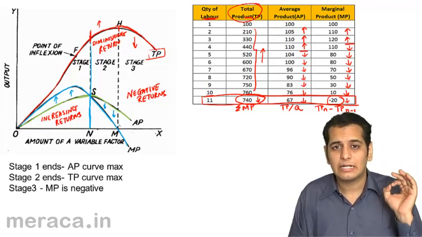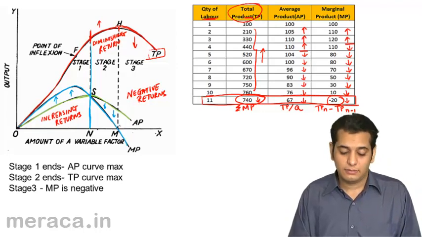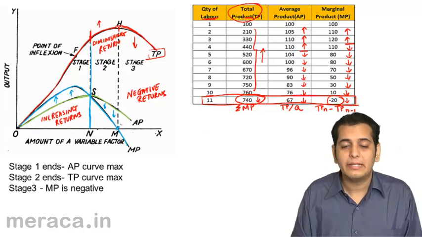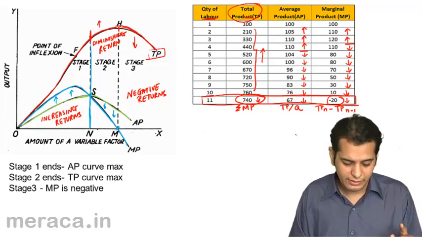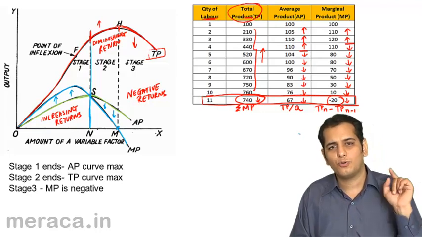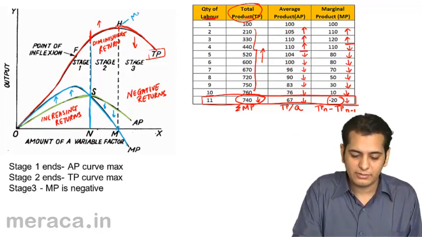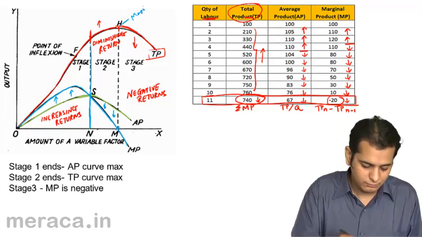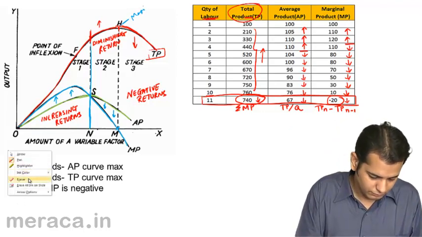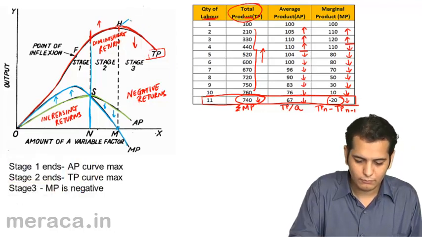It is cutting the x-axis here at point M. So we can say that when the marginal product is 0, total product is at its highest. It is maximum.